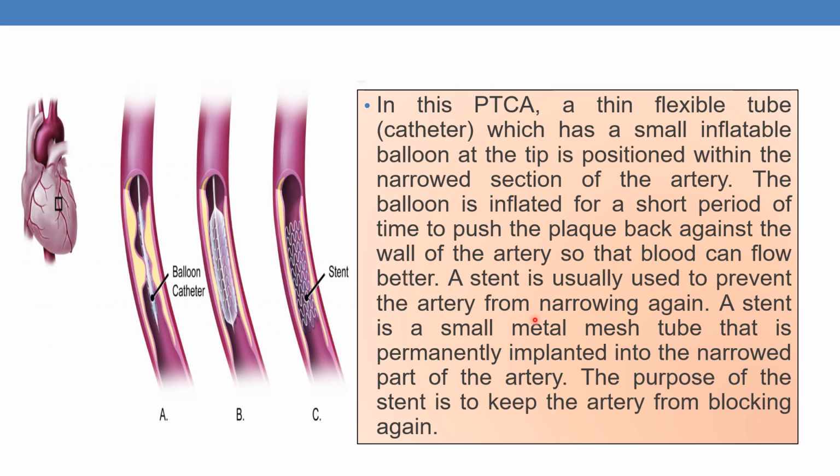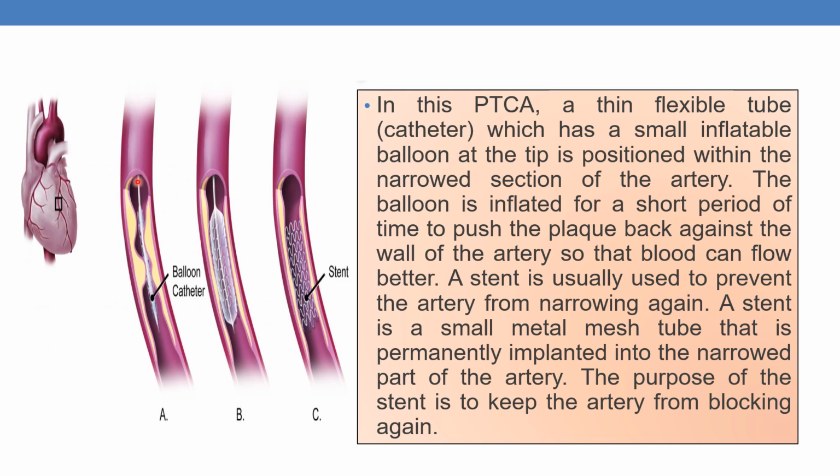A stent is usually used to prevent the artery from narrowing again. A stent is a small metal mesh tube that is permanently implanted into the narrowed part of the artery, and the purpose of the stent is to keep the artery from blocking again.